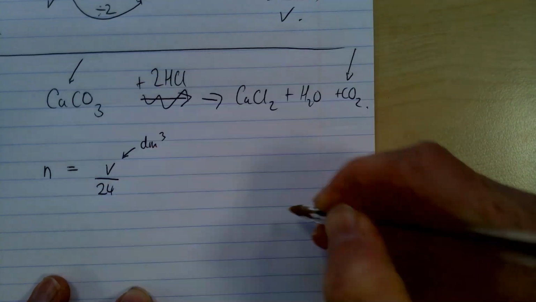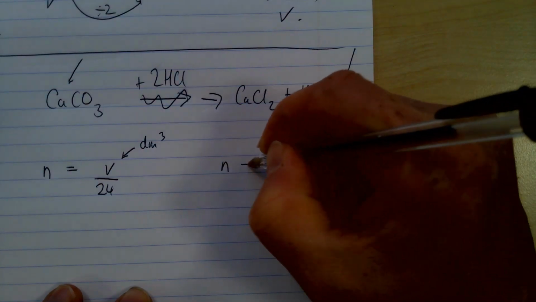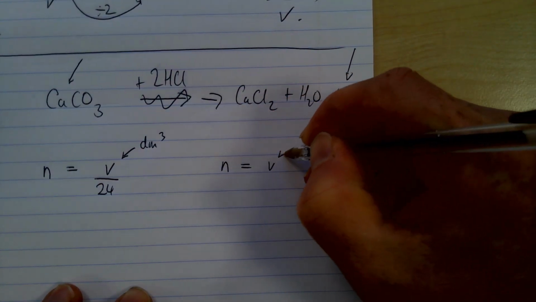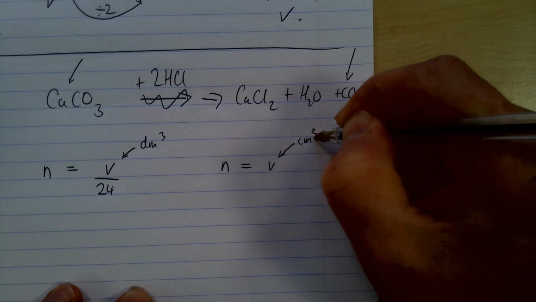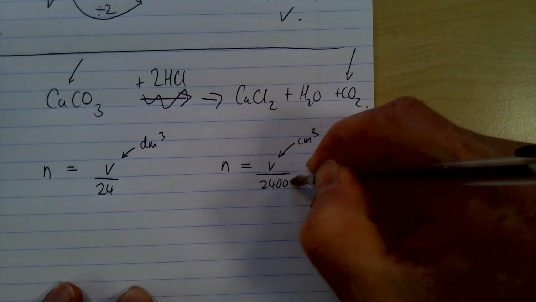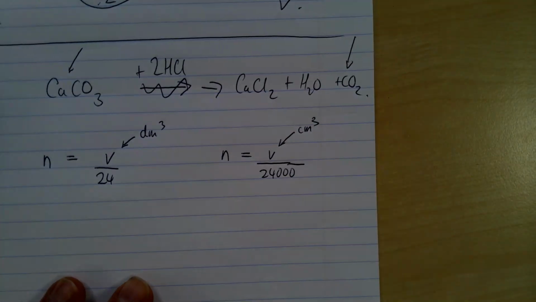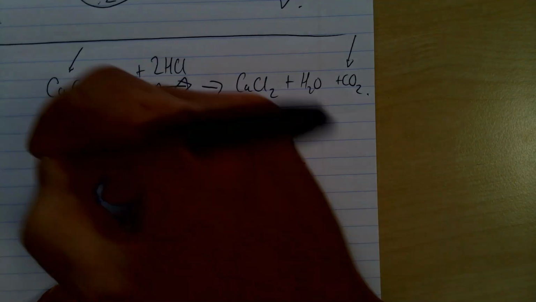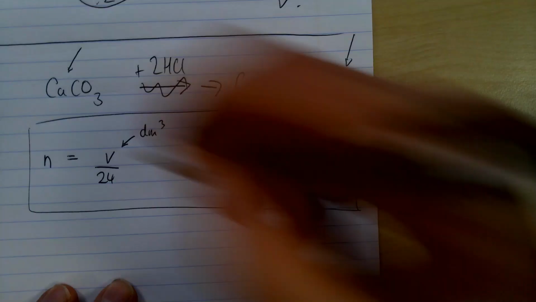You'll be told this anyway. And the number of moles is volume in centimeters cubed divided by 24,000. Again, that calculation you'll be given. But to work out the volume of a gas, that's the one to use.